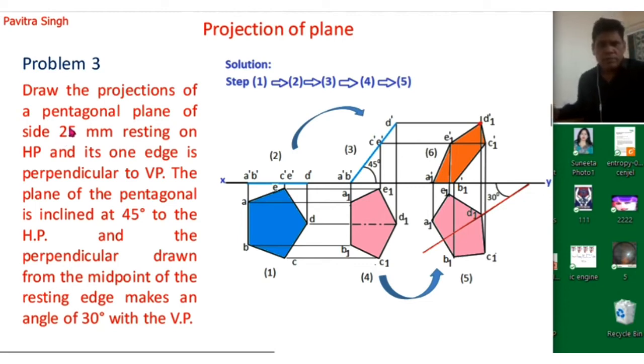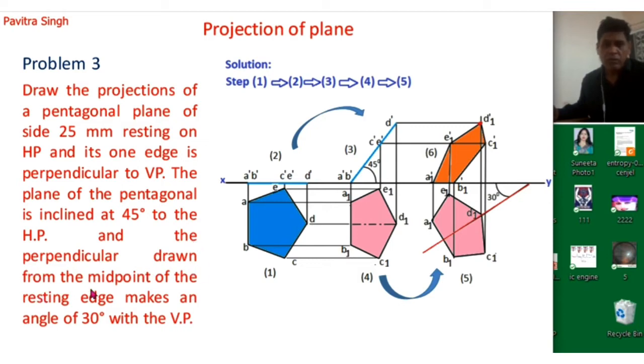Now in the third problem, draw the projections of a pentagonal plane of side 25 mm which is resting on the horizontal plane and its one edge is perpendicular to the vertical plane. The plane of the pentagon is inclined at 45 degrees to the horizontal plane and it is again inclined 30 degrees with the vertical plane.